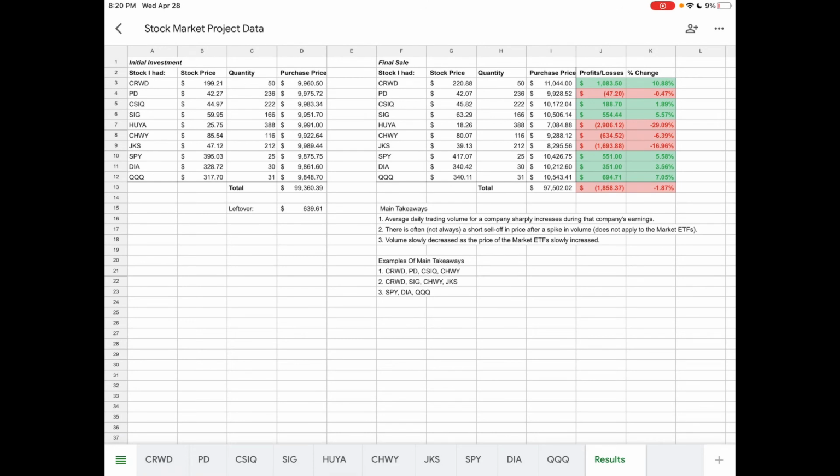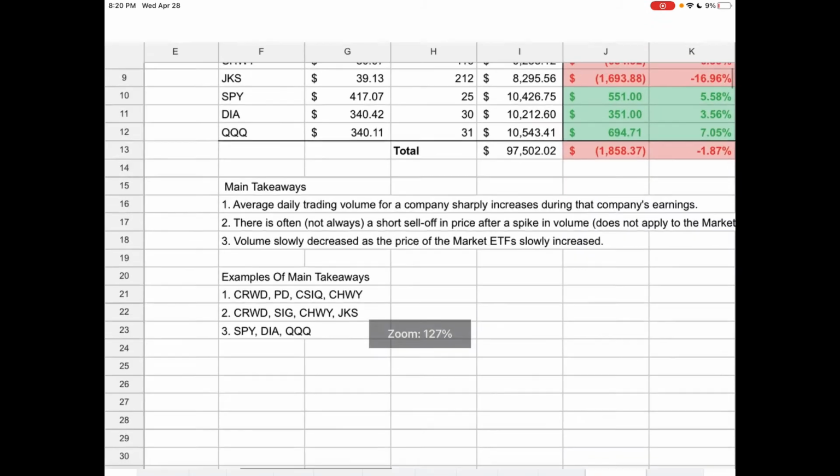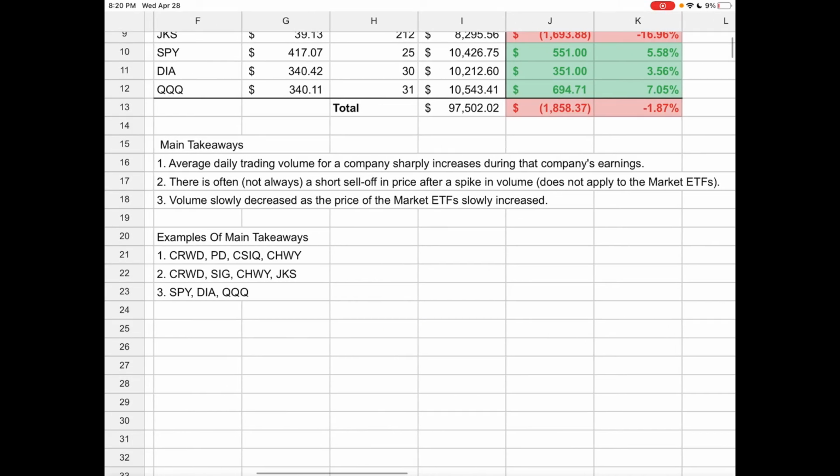So here are my main takeaways from this whole process of analyzing the daily closing prices and average daily trading volumes of the stocks that I chose. First, I noticed that the average daily trading volume for a company sharply increases during that company's earnings.